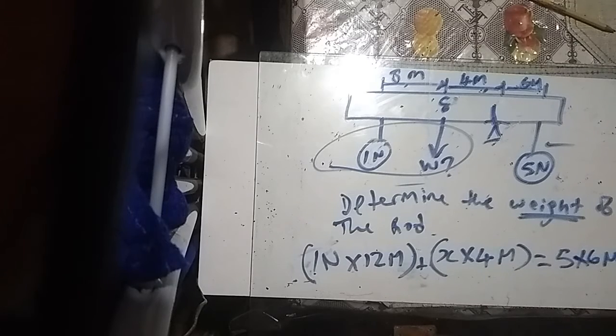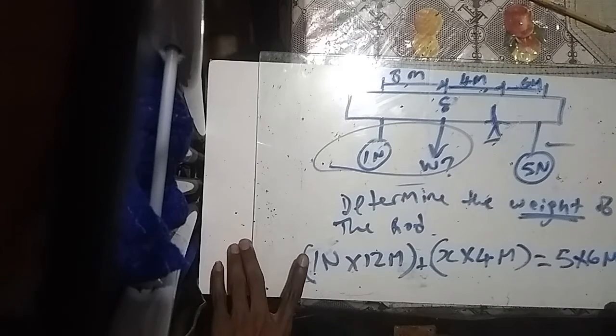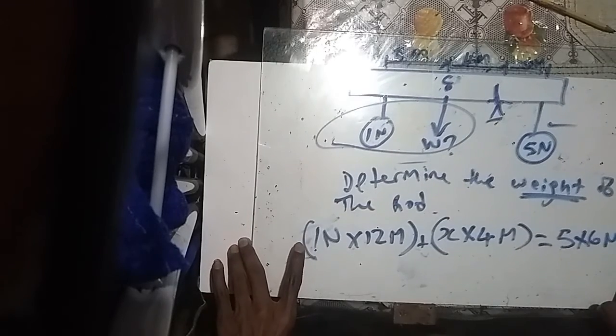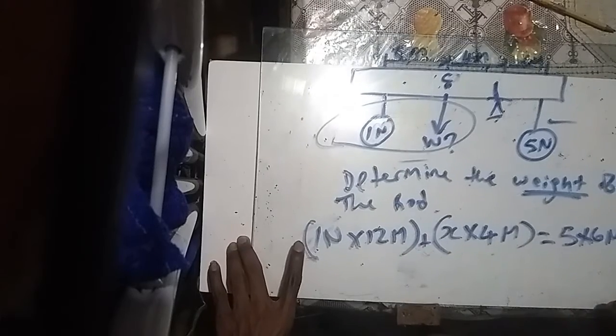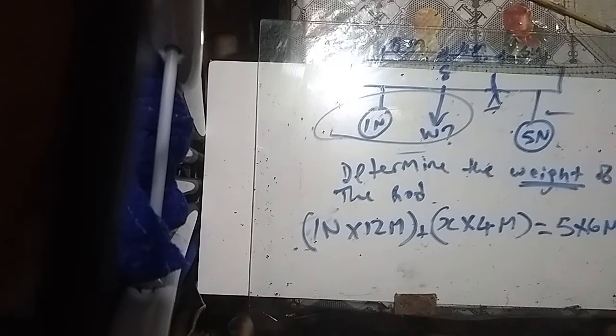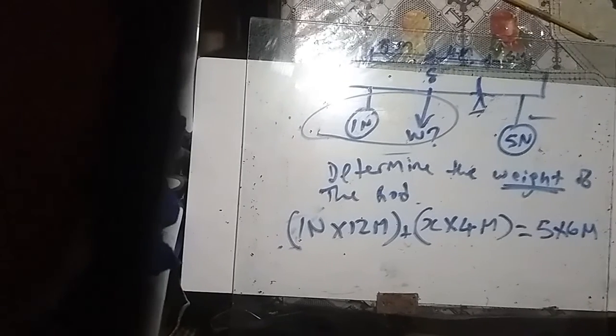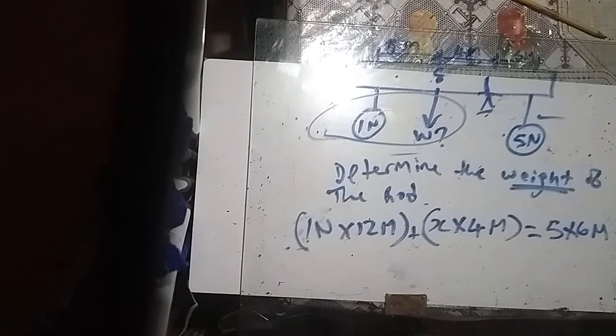6 meter. Okay, wonderful. So the best thing to do when you're in a situation like this, as I have said, is to work out the side where your unknown is not on.